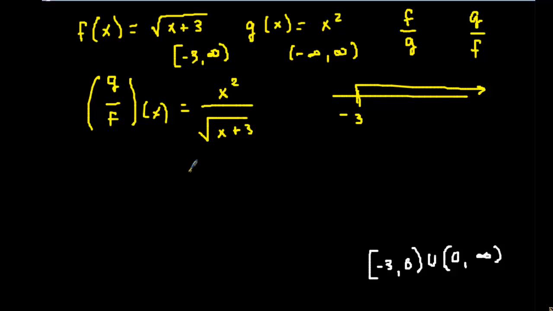But we'll notice that this new function creates a new restriction. Now upon quick inspection you might think, well no, it's just -3 on up. However, the radicand has to be normally greater than or what? Equal to 0. But this is in the denominator. So it actually cannot be 0 because it's in the denominator.